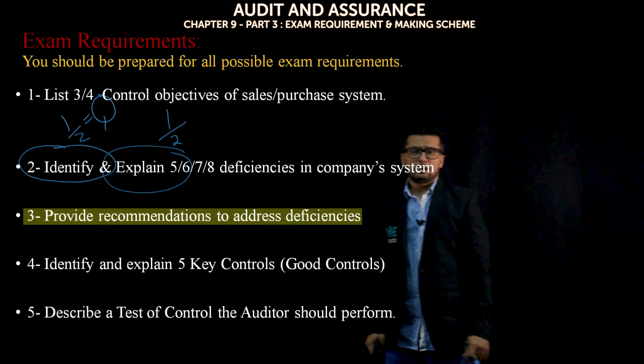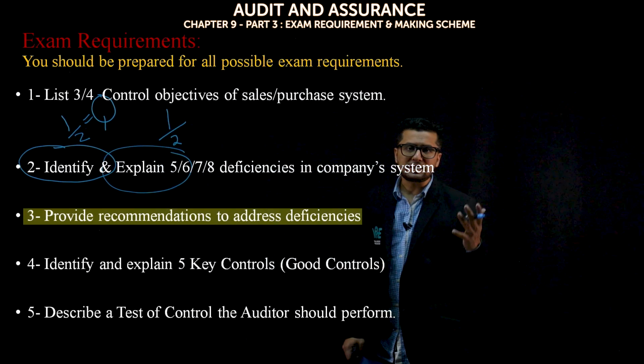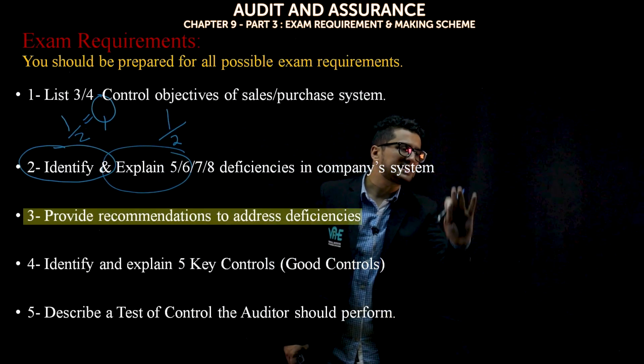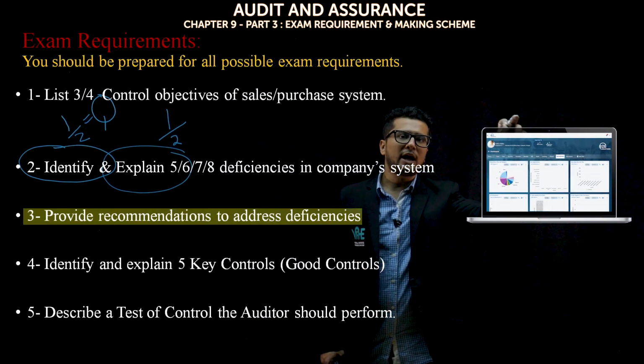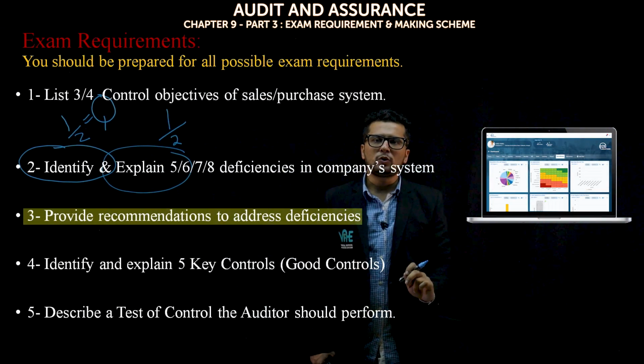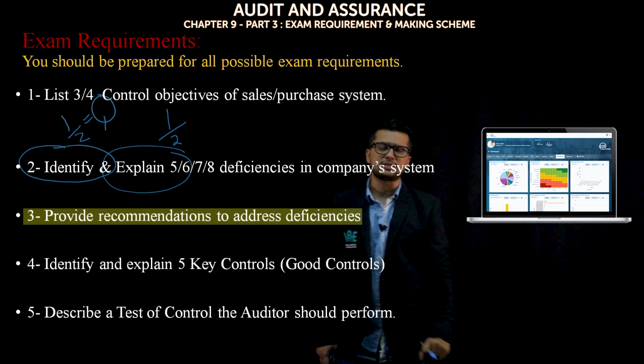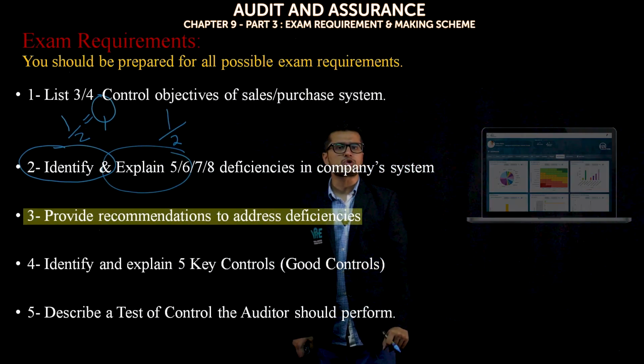Let's recall that example again. So the examiner has given you, let's say, a sales system, and out of this sales system, you have identified and explained, let's say, 8 deficiencies. The examiner is not going to stop here.